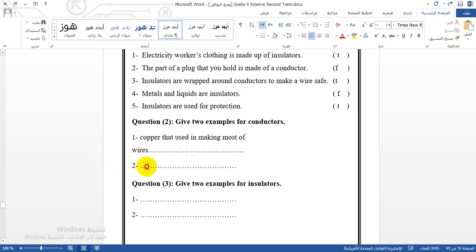Okay, number 2, another example. What else? Metals like stainless steel.